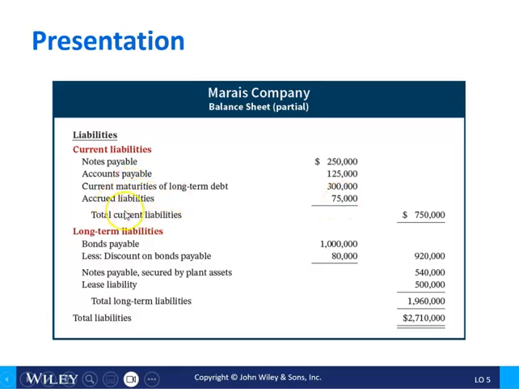So this could be a number of things, so there's probably a schedule that shows that. Total current liabilities, and then we have our long-term liabilities, bonds payable less the discount, notes payable, saying it's secured by plan assets, so they're secured notes, and then we have lease liabilities. Total long-term liabilities, we add up the total current, total long-term to get total liabilities.